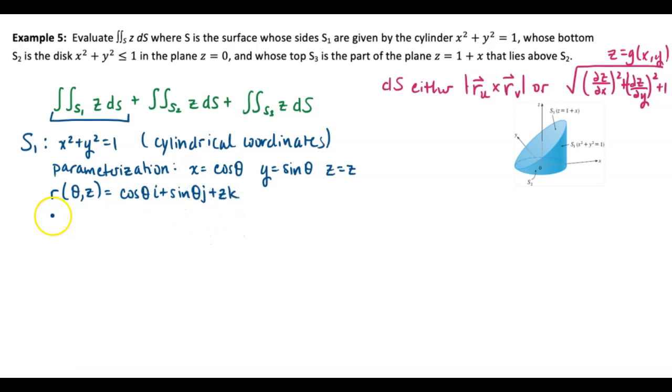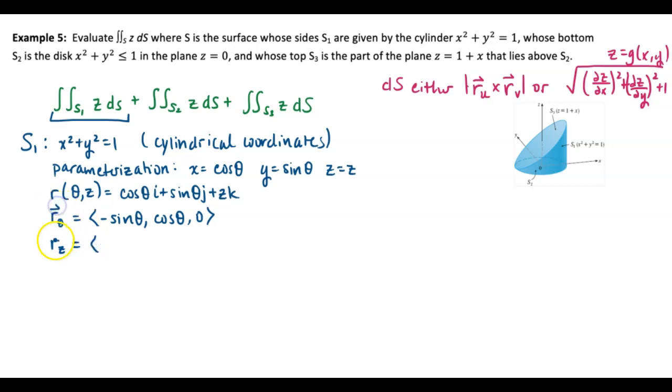Now I can find those partial derivatives. With respect to theta, the partial derivative is going to be, the derivative of cosine is negative sine, so negative sine of theta. Derivative of sine is positive cosine, so cosine of theta. And with respect to theta, z is a constant, so that derivative is going to be 0. Then we have the partial derivative with respect to z.